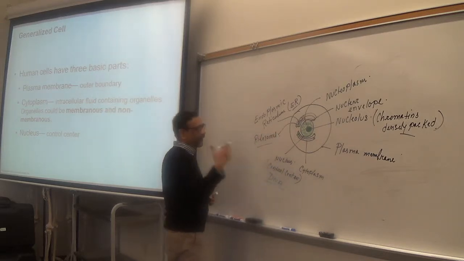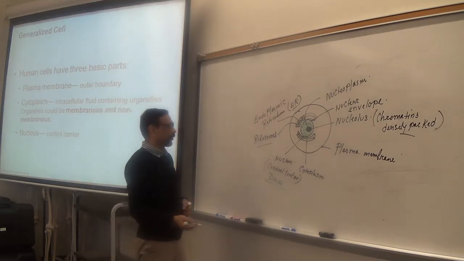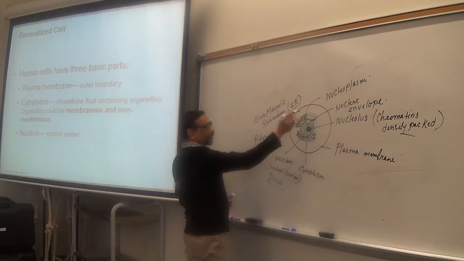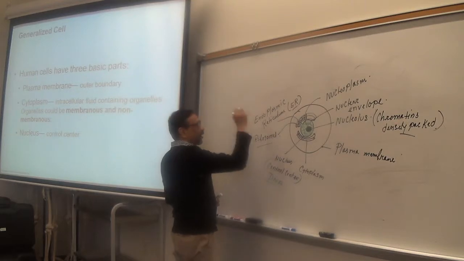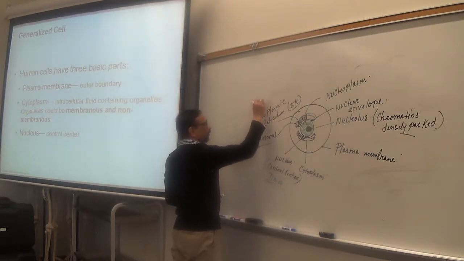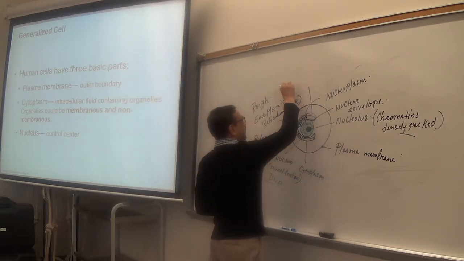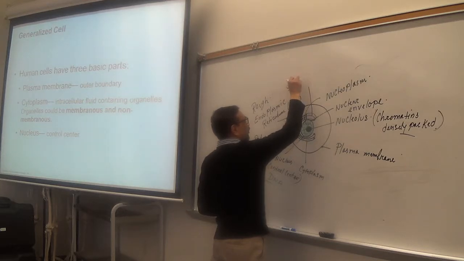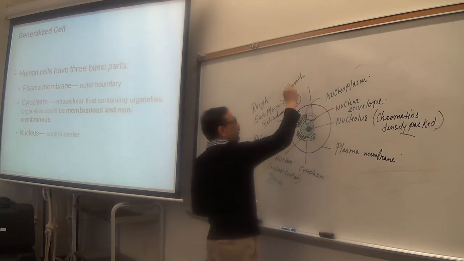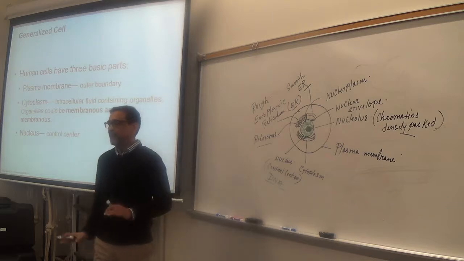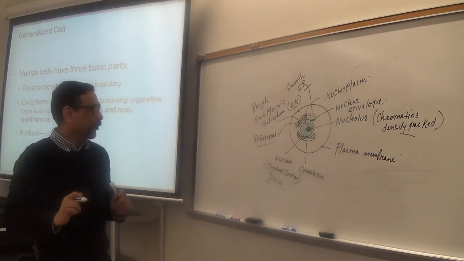So it is kind of review. I know many of you already know. So you see here, in this part of ER, you have ribosomes on the surface, and this part doesn't have. So that's why this part is called rough endoplasmic reticulum, and this part is called smooth ER, because no ribosome on the surface. Smooth endoplasmic reticulum or ER. Okay, so ER has two parts, rough and smooth.